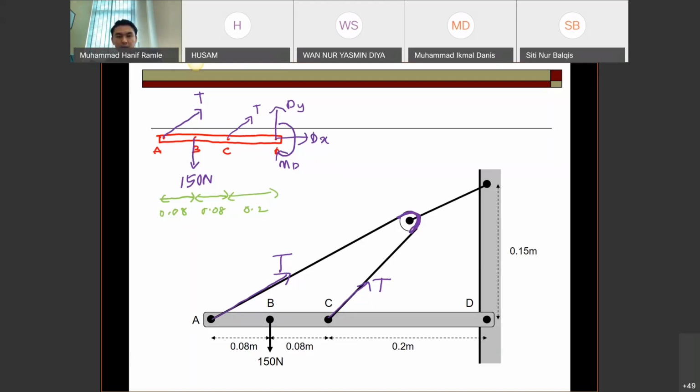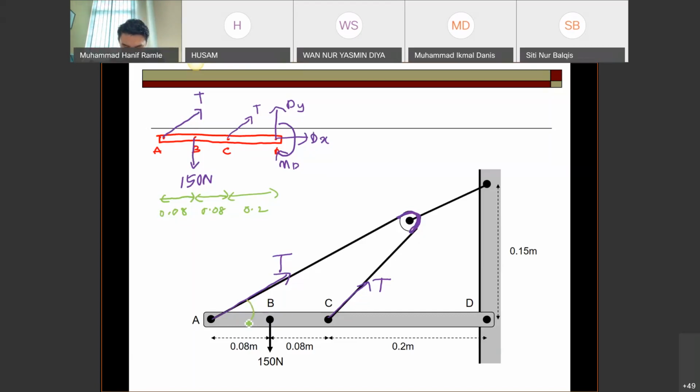The XY components of tension, no need to put them at the moment because we want to draw the first FBD first. The components can be done during the analysis, during the calculation. Okay, the answer is angle. Yeah, angle. This angle actually.